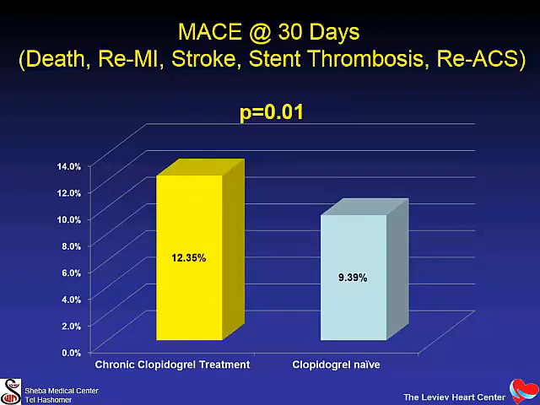And as you can see here, the MACE, which comprised death, re-MI, stroke, stent thrombosis, and re-ACS, was also significantly higher among those patients.